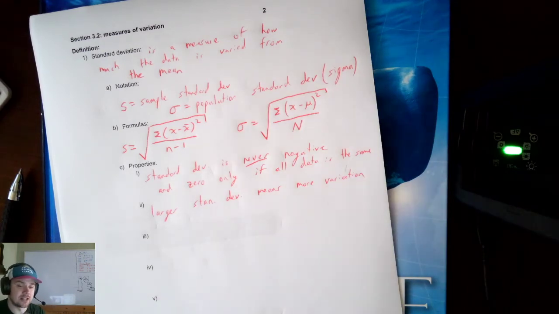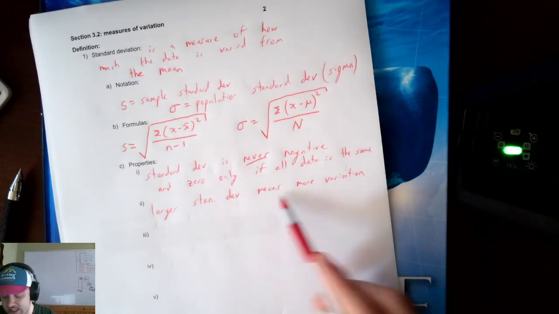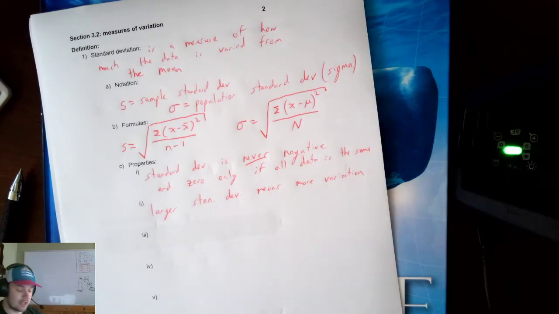And I notice that the Super Bowl champ team has a larger standard deviation. That means their heights are more varied, because a larger standard deviation means more variation. You can only compare similar data sets, though. If you're measuring weights of caterpillars and salaries of CEOs, those aren't the same data set. You cannot compare those data sets, right? But you can compare football player heights to other football player heights. So larger standard deviation means more variation. The data's more spread out if the number's bigger.